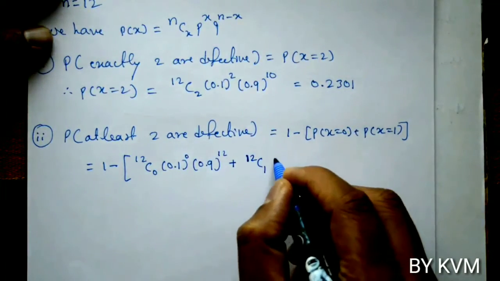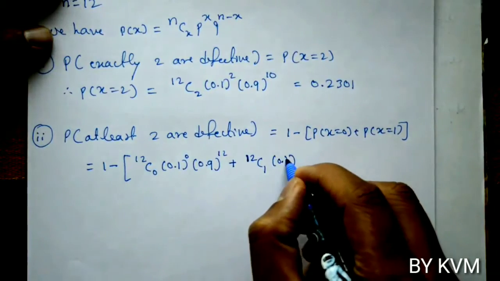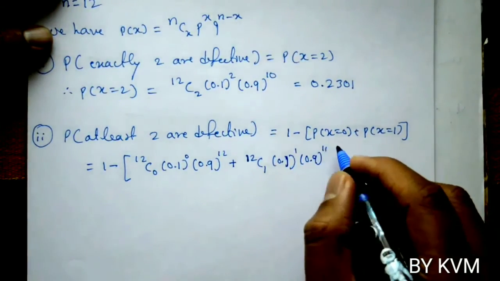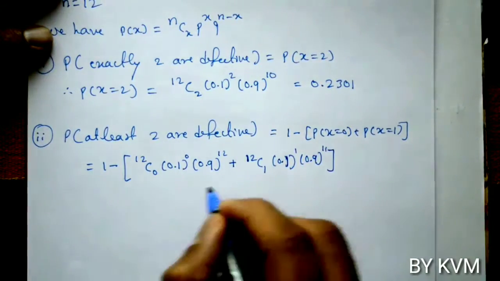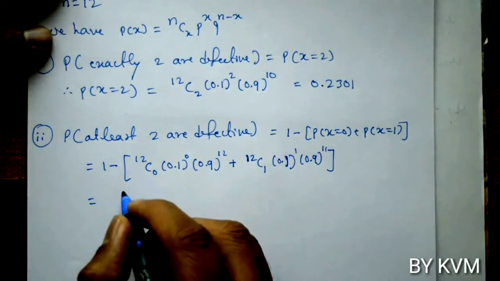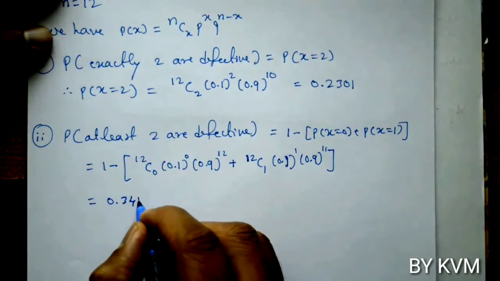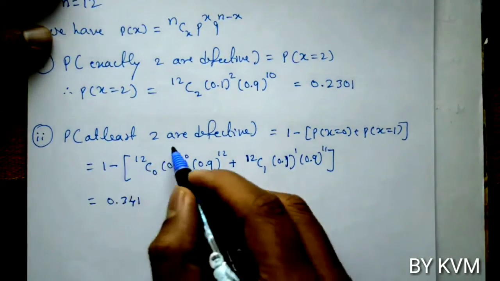Put x equals 1, 12 C 1 p 0.1 whole power 1 q 0.9 whole power n minus x, that is 12 minus 1 is 11. So, use the calculator.